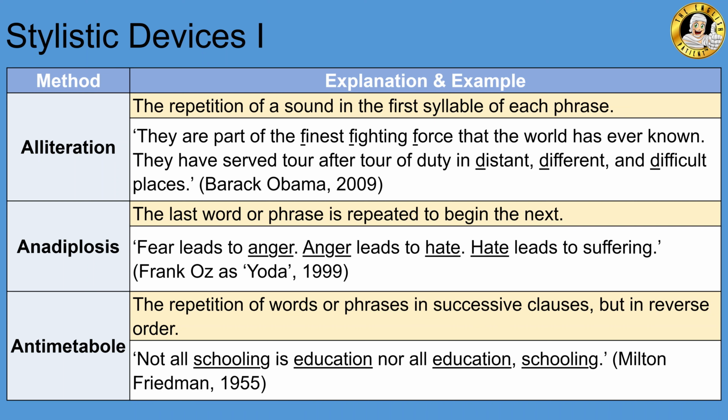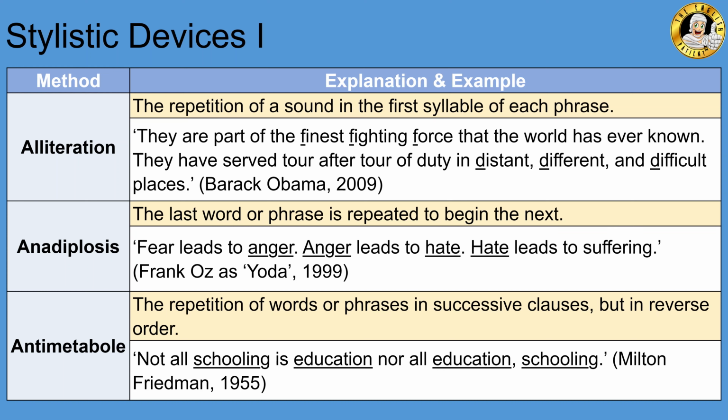The next is anadiplosis. And this is where the last word or phrase is repeated to begin the next. And here we're going to quote from a movie, that movie being Star Wars, Episode 1. Frank Oz was the actor, acting as Yoda. This was back in 1999. And Yoda said, "Fear leads to anger.